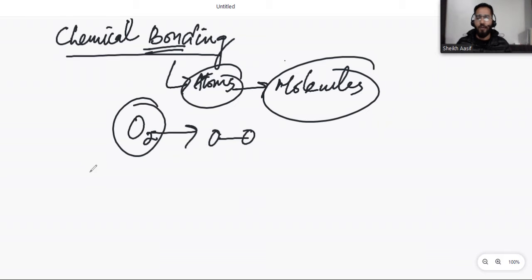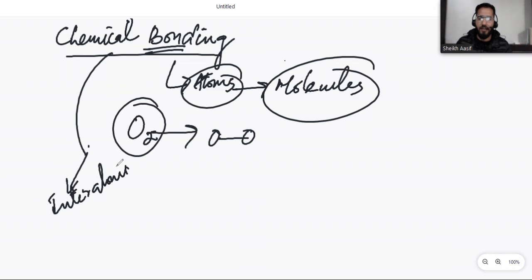Now this bond can be of many types. Generally, it can be interatomic or intermolecular.